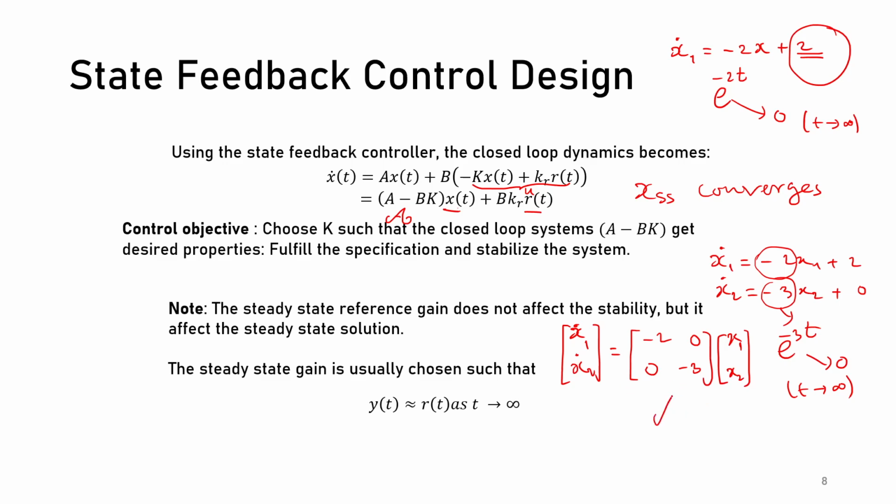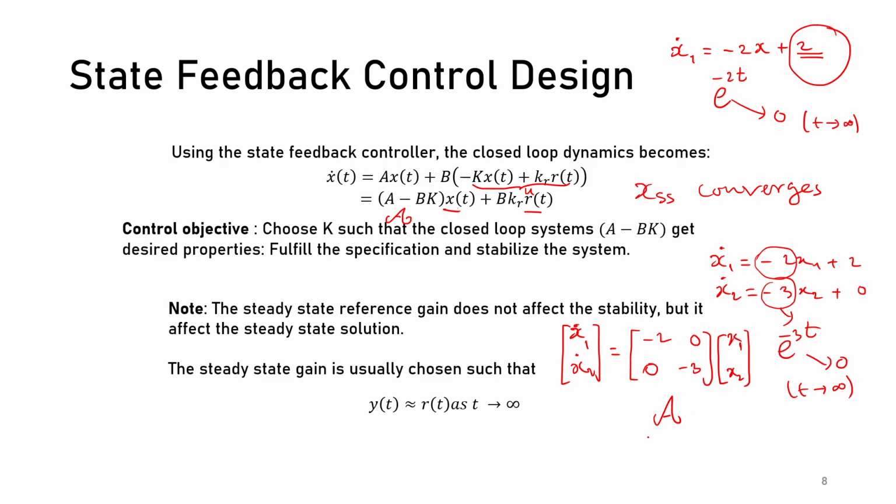Suppose this matrix is just calligraphic A. Now you can see the pattern: in order to have this higher dimension differential equation converge, for this specific case, all diagonal values must be negative, right?